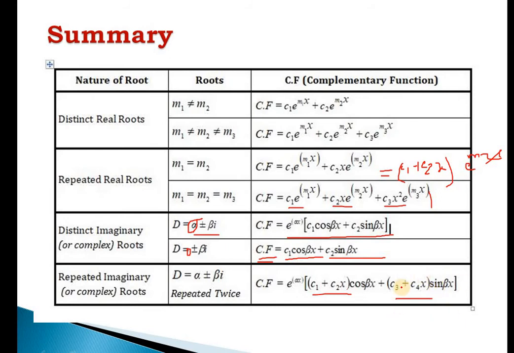Okay, so I hope you understand the nature of the complementary function, and it mainly depends upon the nature of the roots. So we see 4 cases: real and distinct, real and repeated, complex and distinct, complex and repeated.